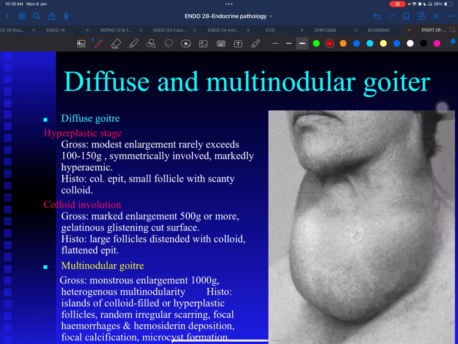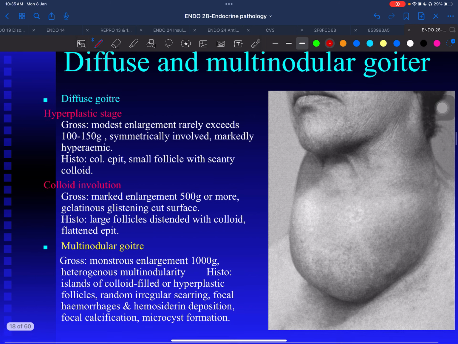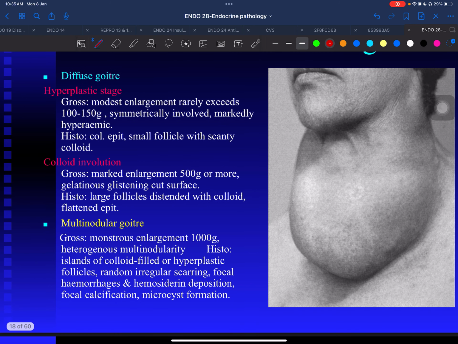There can be hyperplastic stage, there can be colloid involution stage. Okay, in hyperplastic stage, there is modest enlargement and rarely exceeds 100 to 150 grams. And normally the size of the two sides, right and left, is about symmetrical. That is in diffuse goiter. And histologically it's the same, you see colloid epithelium, small follicles with scanty colloid.